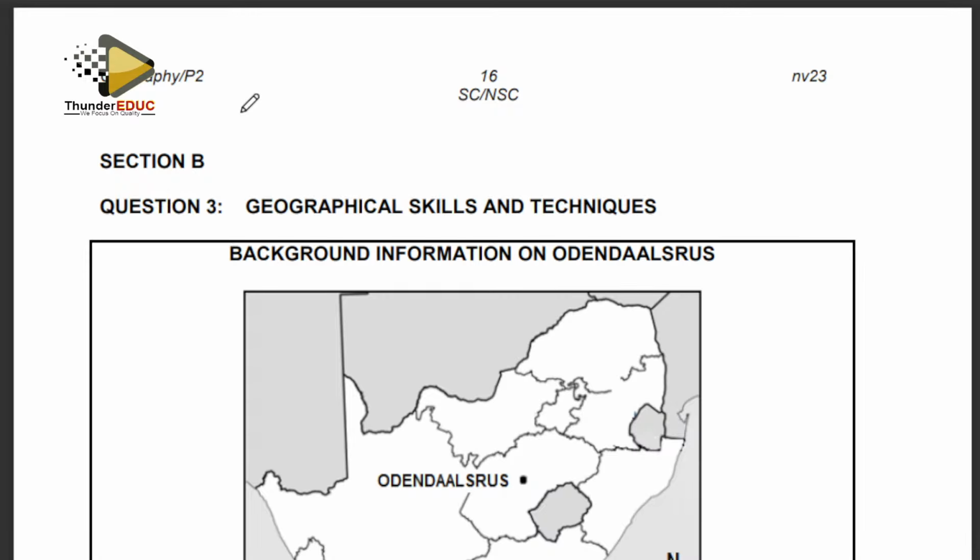So in that sense, I want us to start with our map work this time, and I've selected a few past papers that we are going to deal with. I also have the maps with me, so I'll be projecting the maps.